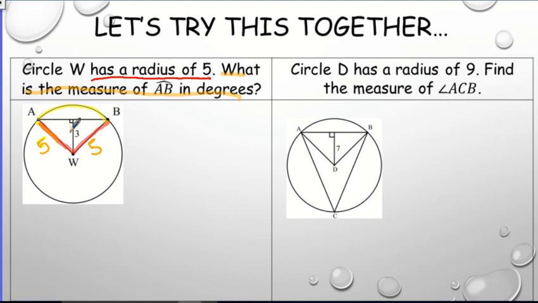And if you notice, this is a right triangle right here. So I'm going to go on the side and draw it. Whatever I find on one side will be the other side, because they are congruent right triangles. And this is asking me to find this arc.